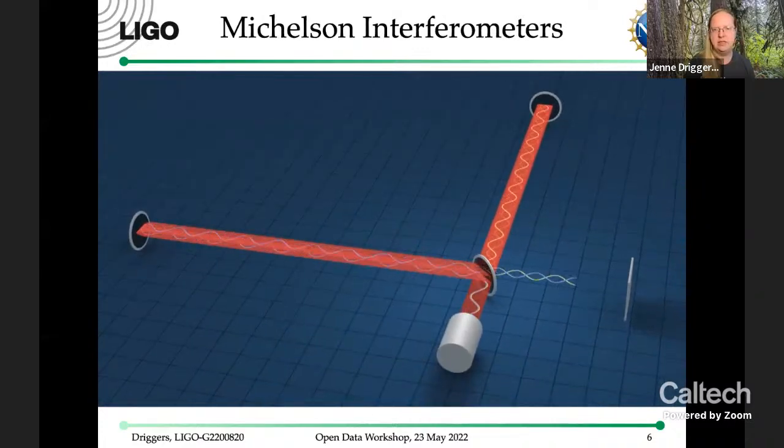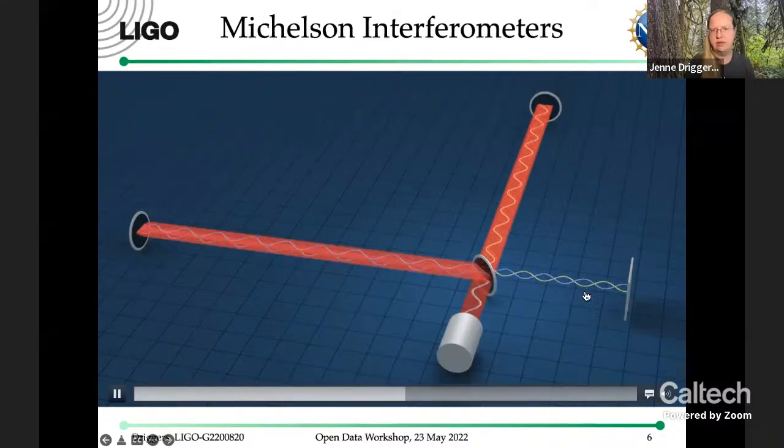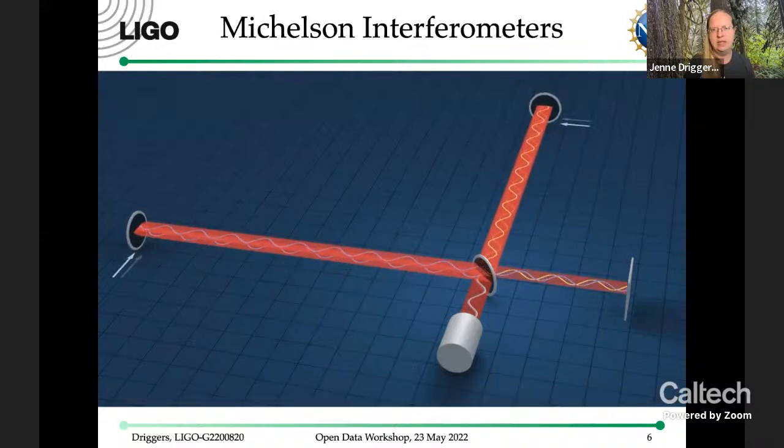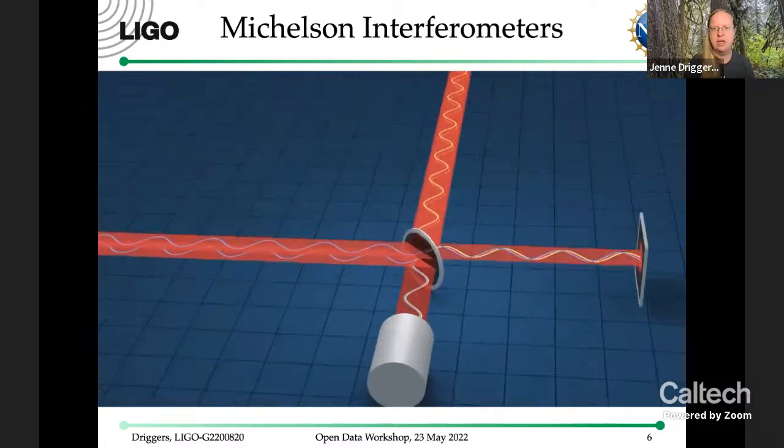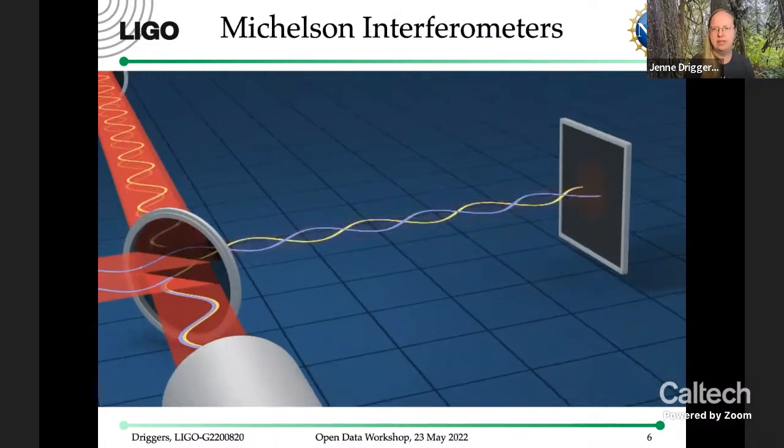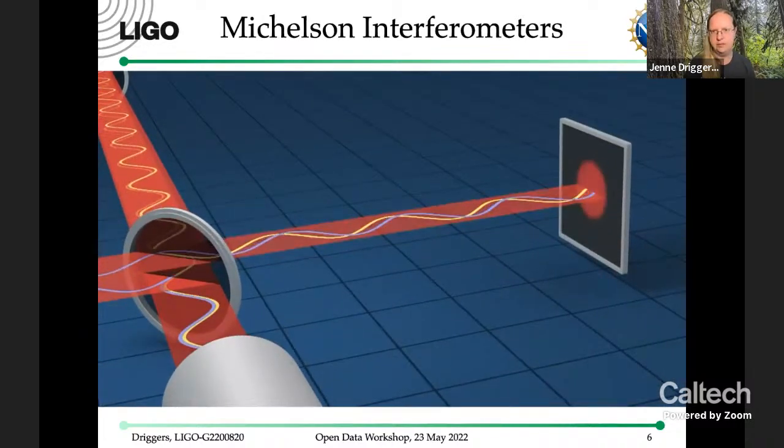And as the light is recombined at that beam splitter, it happens that here there's no light. They've interfered destructively. But as the end mirrors move, it changes the interference pattern of these two sine waves, and we see more or less light on that photodetector.